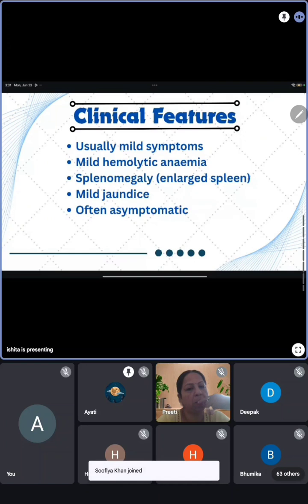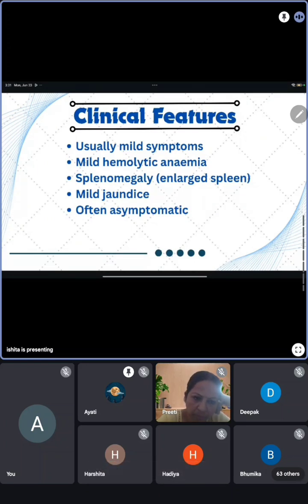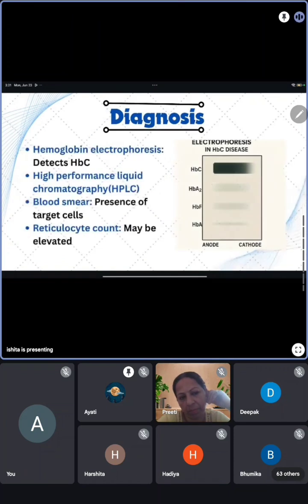Mild jaundice-like symptoms, that is yellowing of the skin and the eyes, dark-colored urine, and abdominal pain. Sometimes a person is so asymptomatic that he or she cannot feel that they are suffering from this disease.